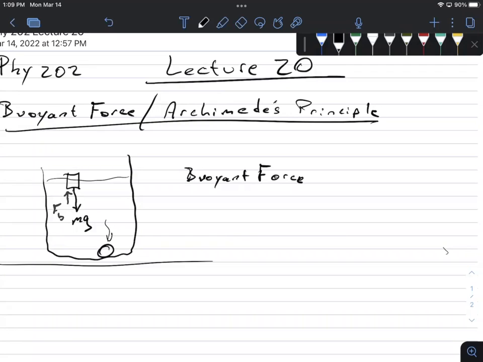Now, that could mean several things. Either the buoyant force is the same amount on both objects, but the rock is heavier than the ice. And so the buoyant force isn't big enough to overcome the weight of the rock, but it is big enough to overcome the weight of the ice.